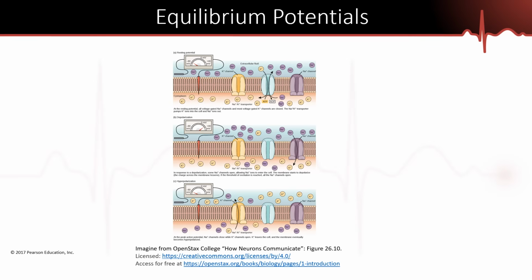What can be used to calculate the equilibrium potential is the Nernst equation. The Nernst equation is a very easy calculation to do. In this lecture, we will not be going over the Nernst equation. What we will be doing is actually explaining on a functional level what the equilibrium potential is, not learning how to calculate it. Because, quite frankly, anybody can do that.